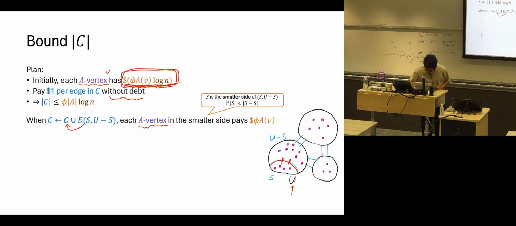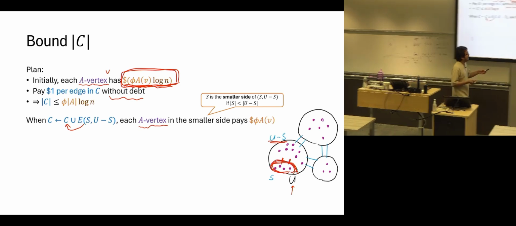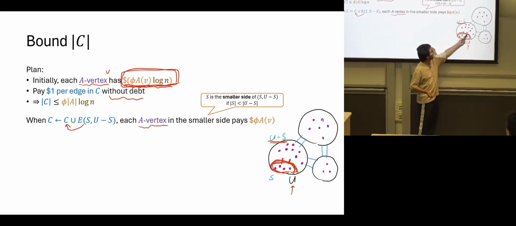Let's say we have S and U minus S, and suppose the number of nodes in S is smaller than the number in U minus S. So S is on the smaller side of the cut, and I will use the money of A vertices on the smaller side to pay for this.